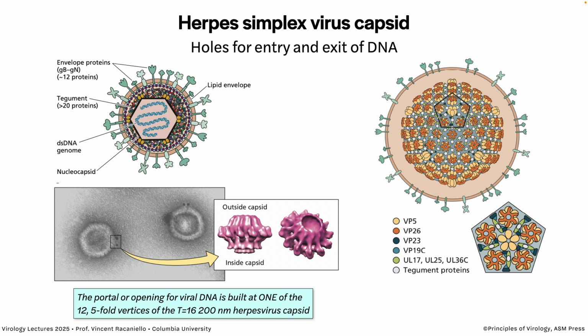One of them has a portal. And the portal, you can see, this is the structure of the portal here in purple. You can see it on the actual capsid here. There's one portal per capsid, no more. And the portal is where the DNA goes in during assembly and where the DNA comes out during infection.